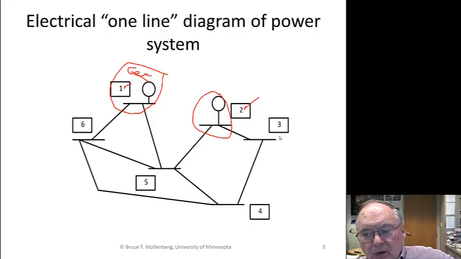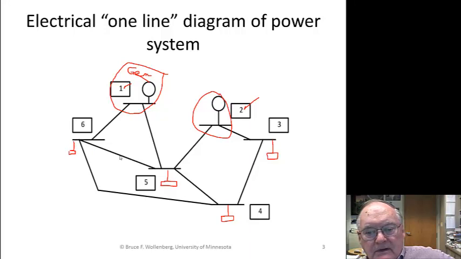This is a load bus here, number 3. We don't show it, but later on we're going to show loads. I like to draw loads as a little square coming off, and that really consists of transformers and so forth. So here are the loads that the generation is feeding.